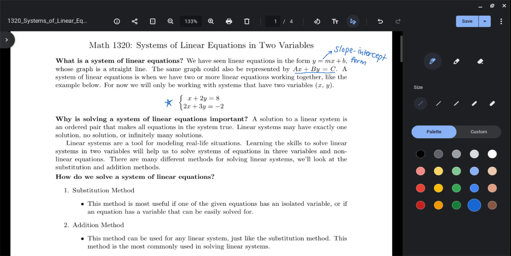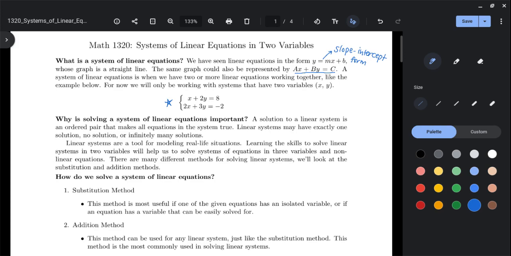So why is solving a system of linear equations important? When we are looking at linear equations in systems, they are a tool for modeling real-life situations.